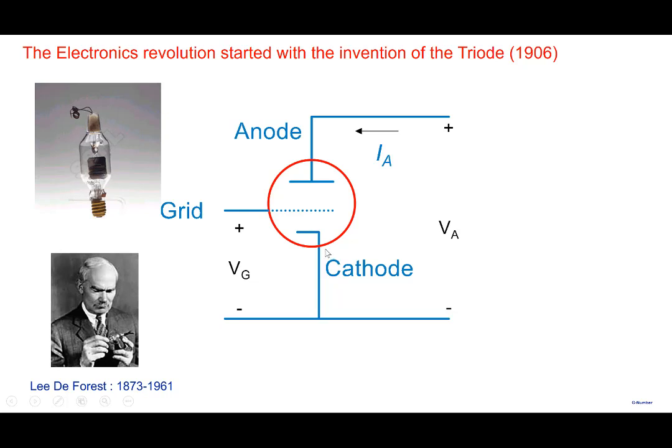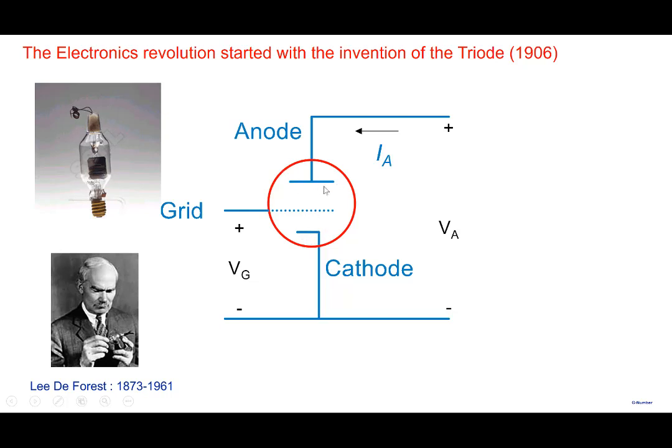The idea is that if you take a metal, especially a metal with low work function, and heat it up, then the electrons can come out of the metal through a process called thermionic emission. Here we have not shown the heater part. It's assumed that there's a heater which heats up the cathode, and so the electrons can come out of this cathode into the vacuum.